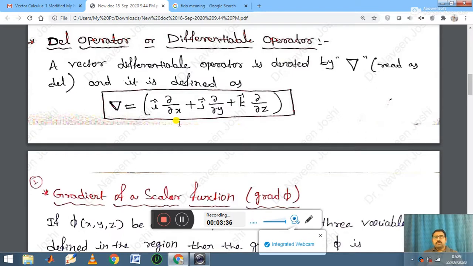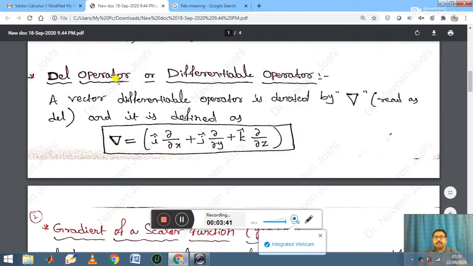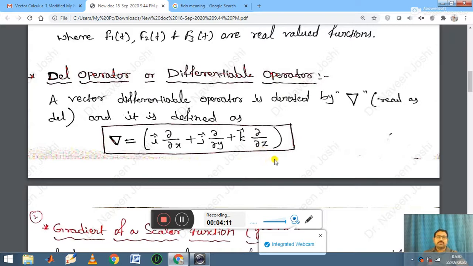For that we go with a very basic operator, the del operator, also known as the differential operator. A vector differential operator is denoted by this symbol, which is known as del. It is expressed as del equals i into dou by dou x plus j into dou by dou y plus k into dou by dou z. These dou by dou x, dou by dou y, dou by dou z are partial derivatives, because here there are three independent variables x, y, z.